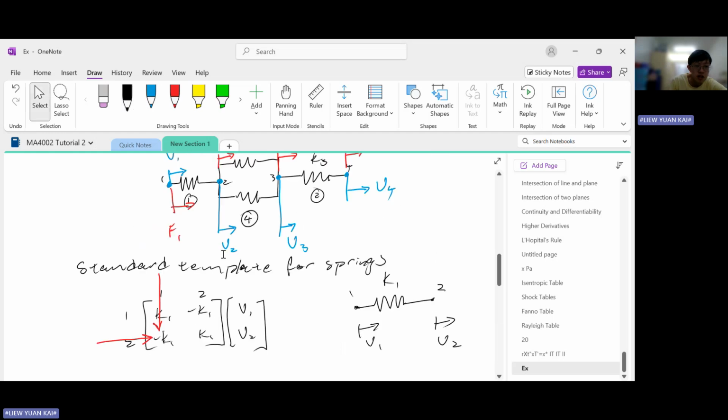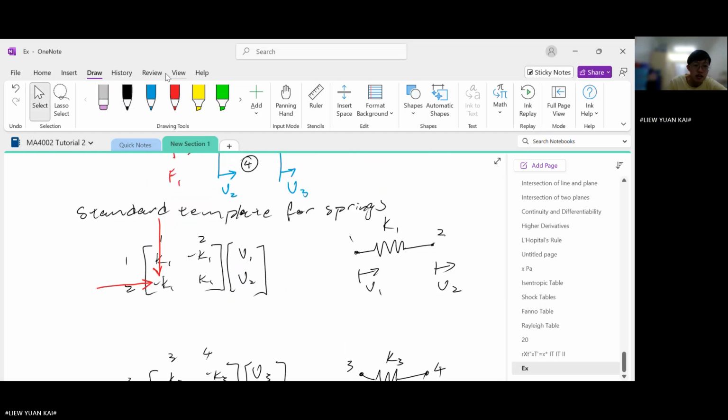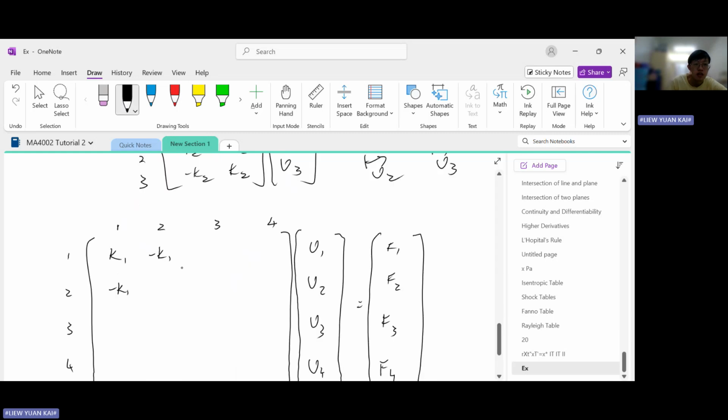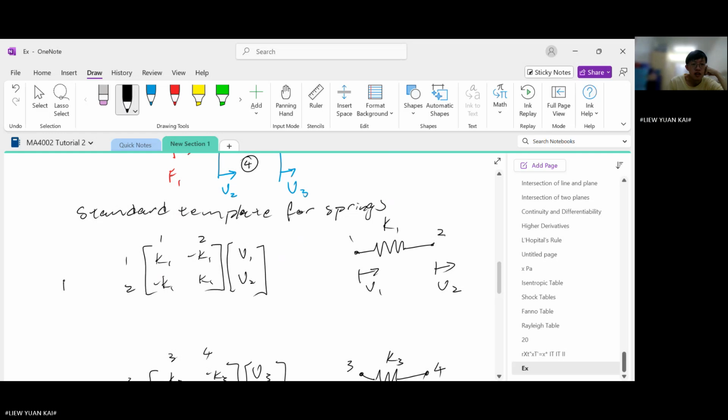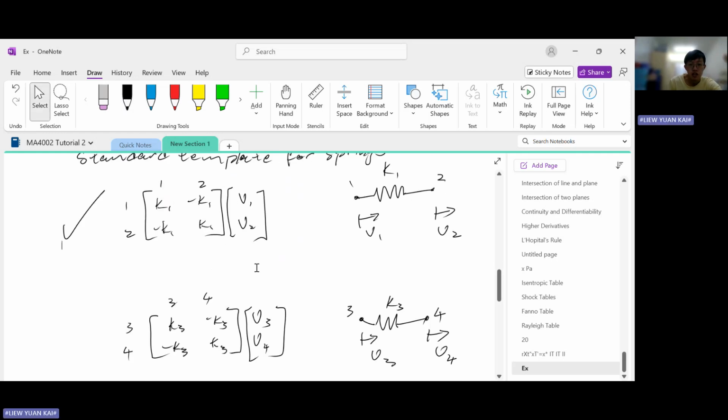And then lastly, row 2 column 2 will be k1. Okay, so you go to row 2 column 2 and then substitute in k1. Okay, yeah, so that's the first matrix done. That's the first matrix put into the global equilibrium equation.